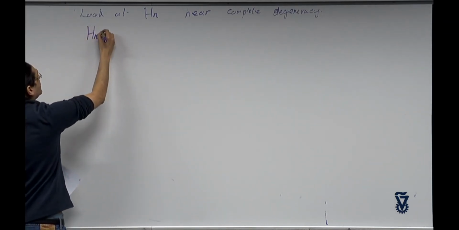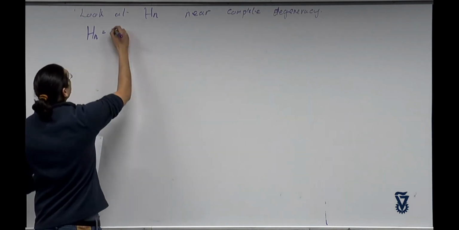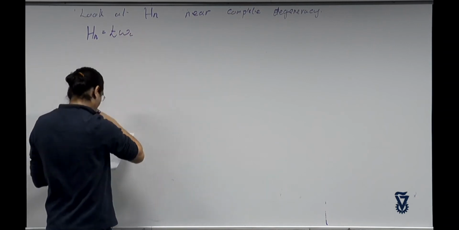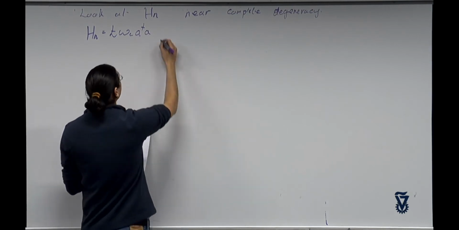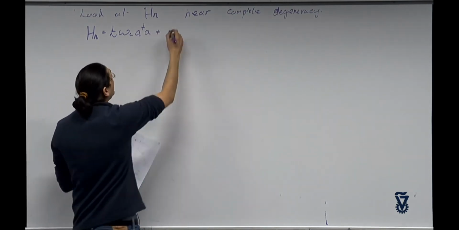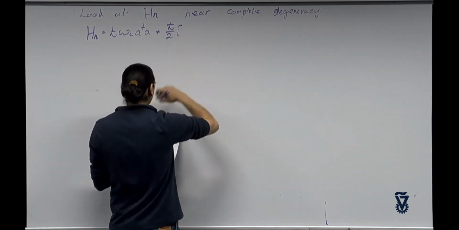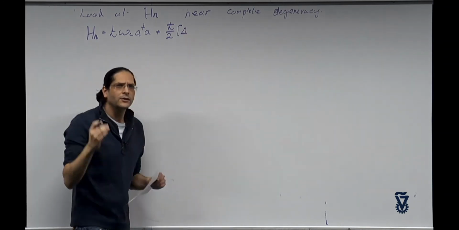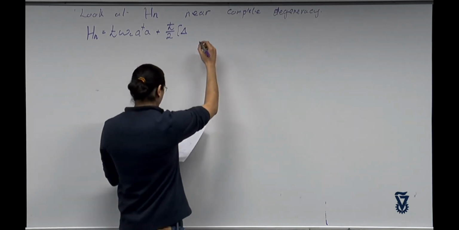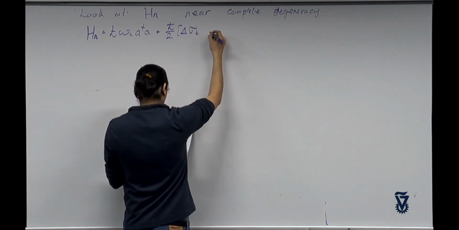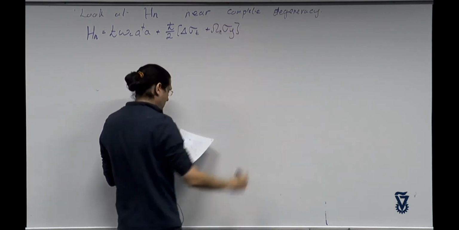So the Hamiltonian for a certain doublet, like we saw, is going to be h bar omega c a dagger a plus h bar over 2 delta. Delta is our small detuning from resonance, sigma z, plus omega n sigma y.